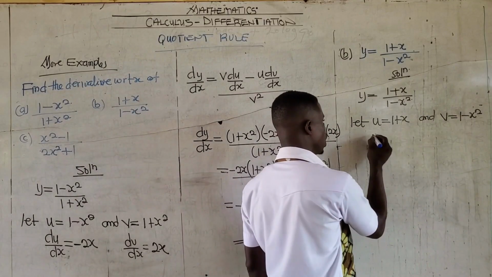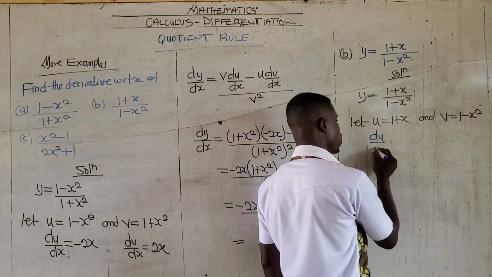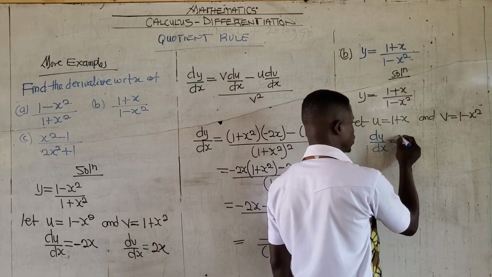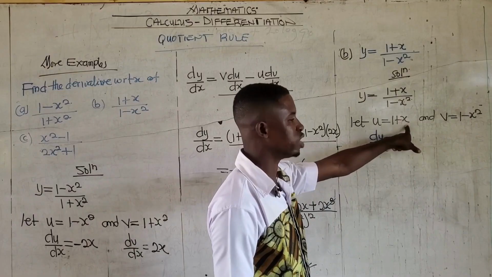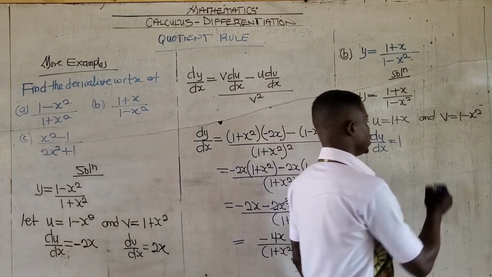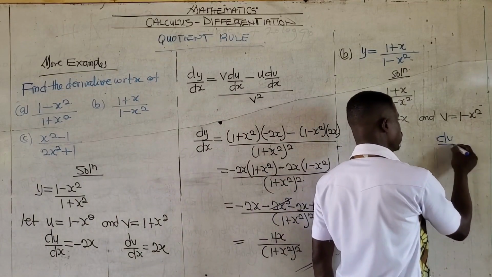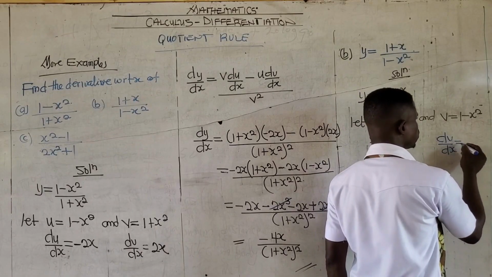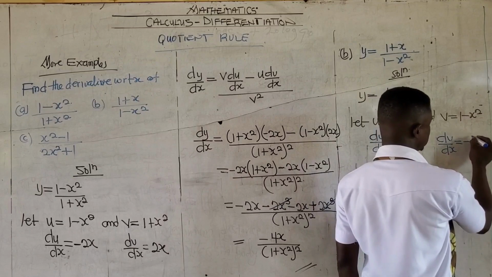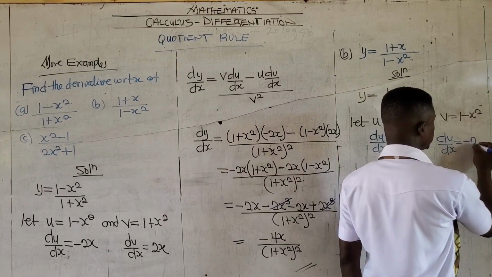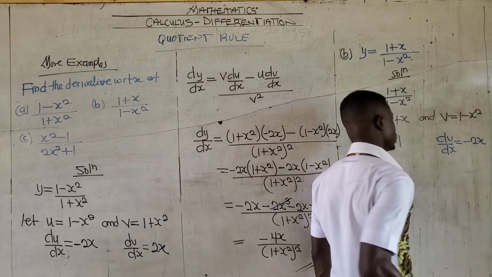So in this case, I'm going to have du over dx equal to what? 1. Because when you differentiate 1 it is 0, and when you differentiate x it is 1. Then my dv over dx, when I differentiate the 1, is 0. But if I differentiate x squared, I'll get negative 2x. Good.